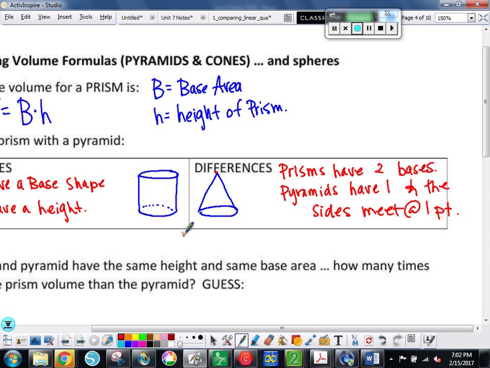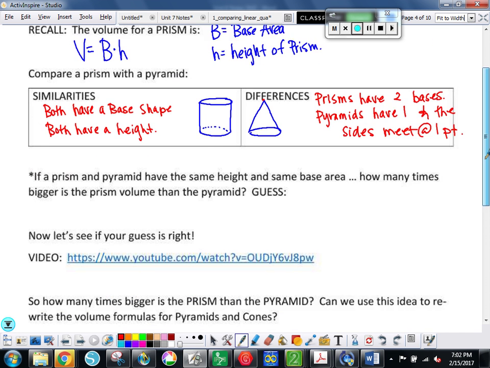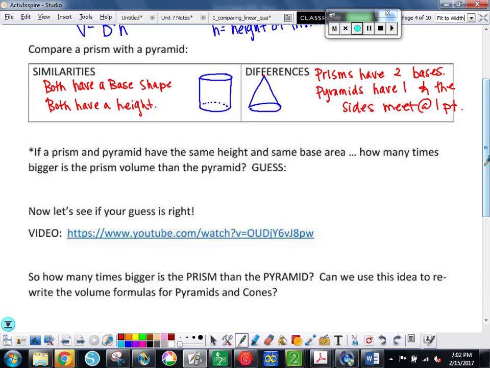Now, I'm going to back this up just a little bit because I can't read the full sentence. If I have a prism, so again, I'll just do a cylinder.